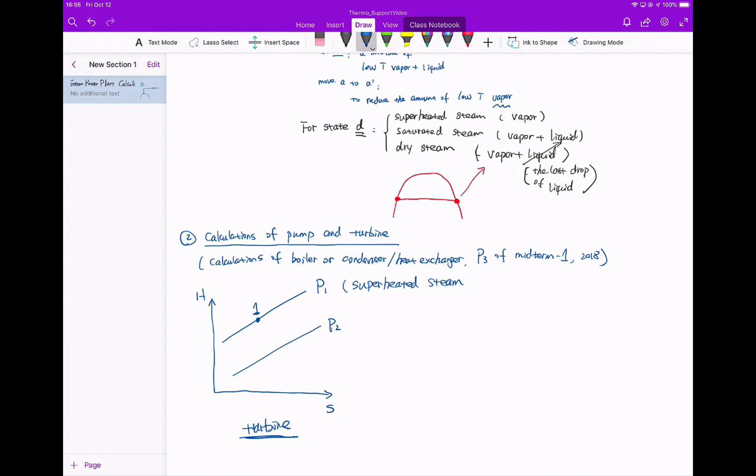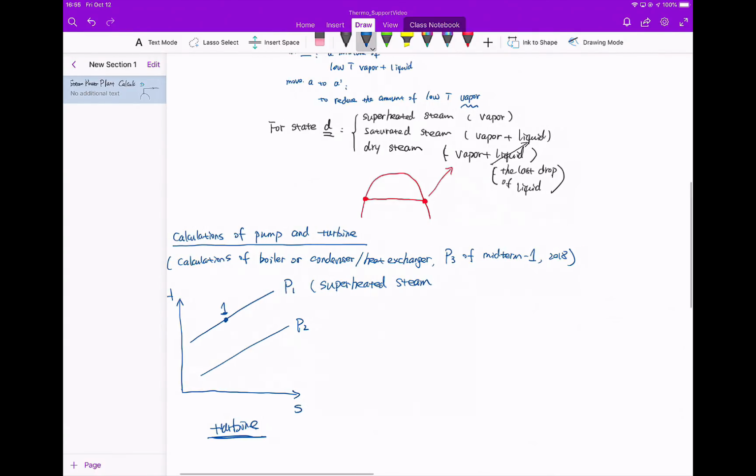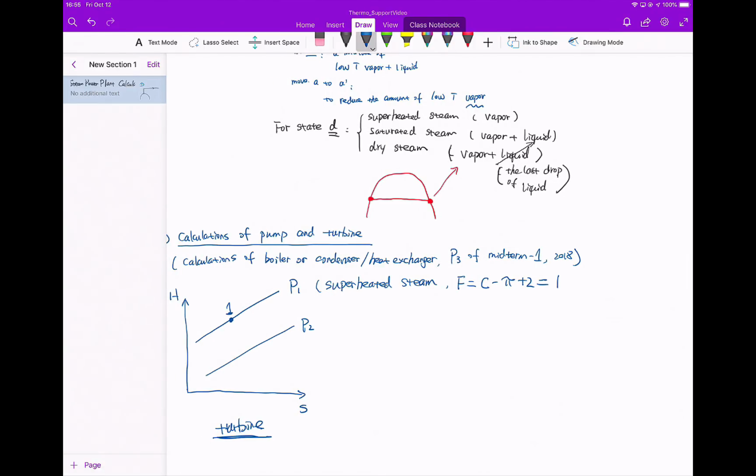And by superheated steam, I hope you realize that, according to the Gibbs phase rule, F is number of components, C minus pi plus 2. This is about water. I'm going to have 1 vapor phase, so then I need 2 conditions.